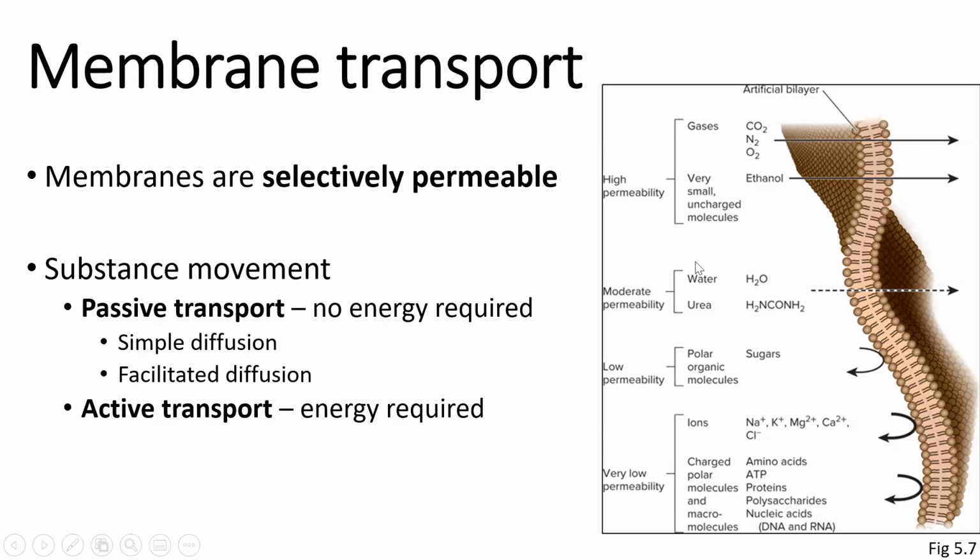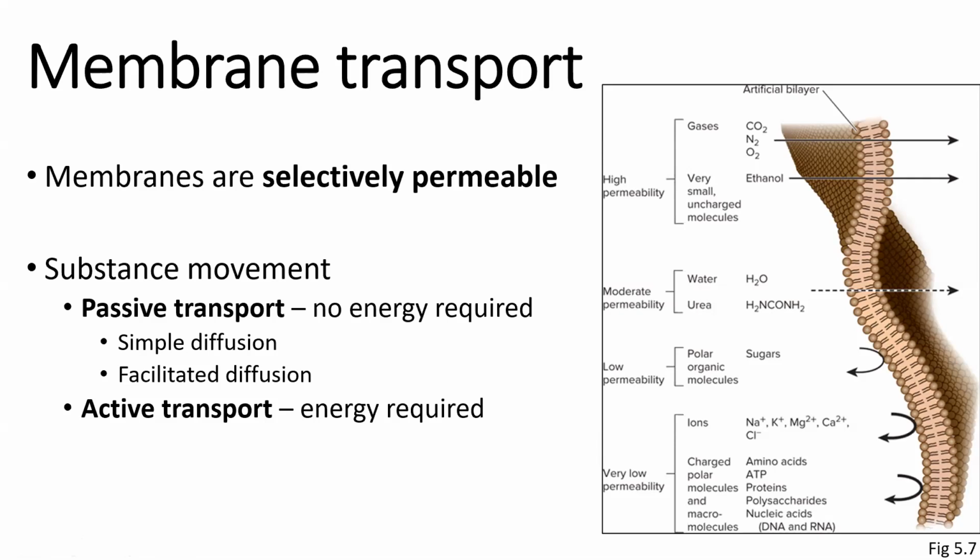The molecules that have moderate permeability, okay, so they do need some help. And we have what's known as aquaporins, which were discovered in the late 80s, that help water cross. So water, we want to be able to cross the membrane very easily, okay? But also urea, for example, a substance that we need to be able to break down, that's produced by metabolic waste.